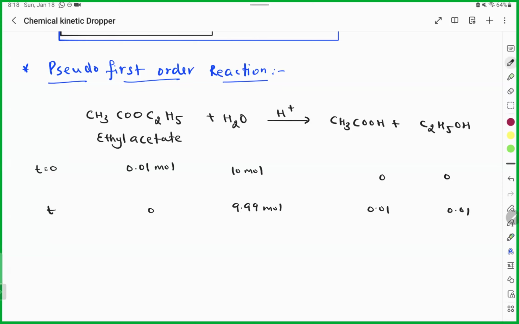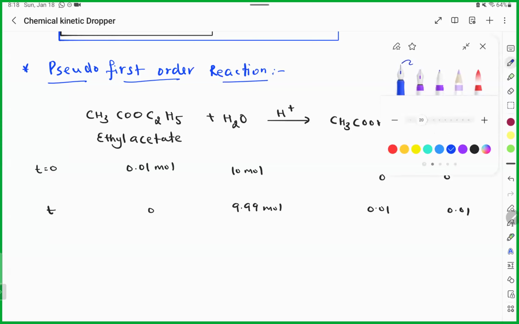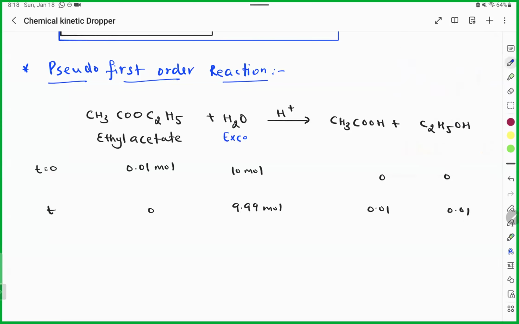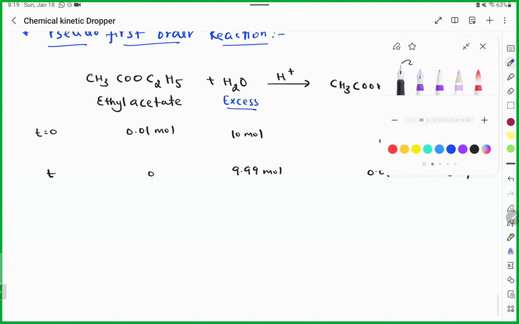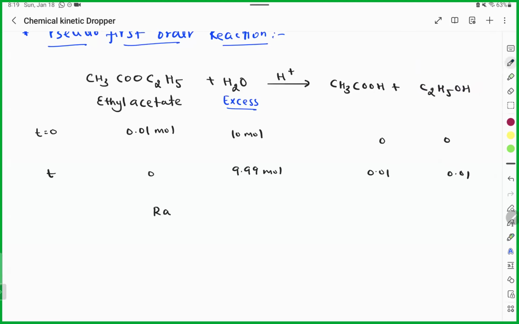What I am trying to convey is, in this case your H2O is present in huge excess, so you can ignore H2O because it is present in excess amount, so its impact on the order is less. That's why when you write this equation, you will see that the rate of the reaction is decided by ethyl acetate, not water.